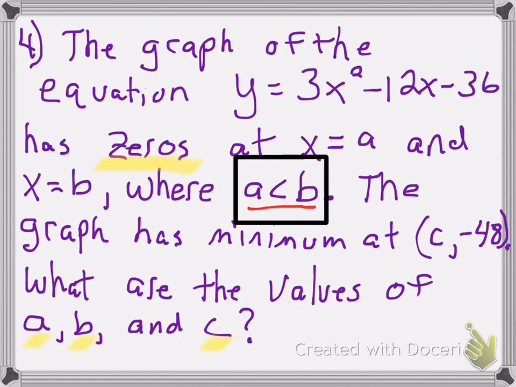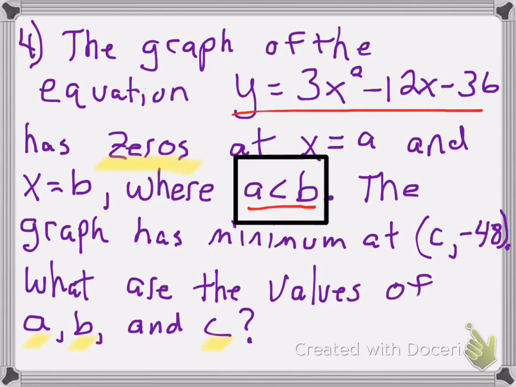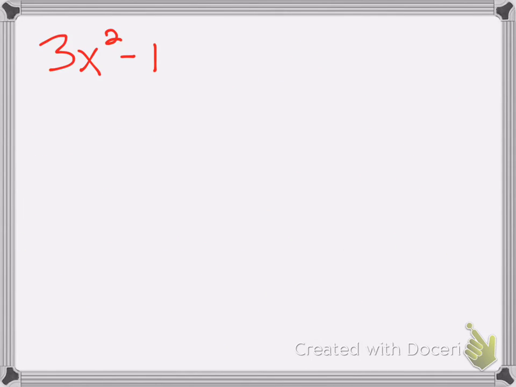Let's find AB. We got to look at this part, though. 3x squared minus 12x minus 36. So let me write this function down. I'm not going to worry about y because we're trying to find zeros. Okay, the only important part is this 3x squared minus 12x minus 36.